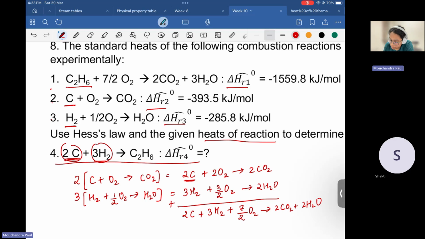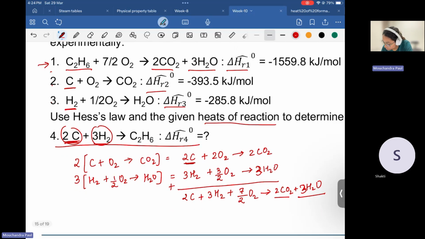Now if you observe reaction 1, here it has 2 CO2. 2 CO2 is also there in your product side. 3 H2O is present. Yeah, 3 H2O is also present in your product side. So if you subtract reaction 1 directly from the new reaction that you got, like this, then what would you get?